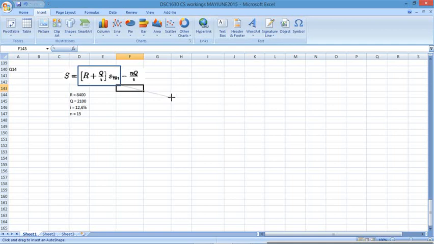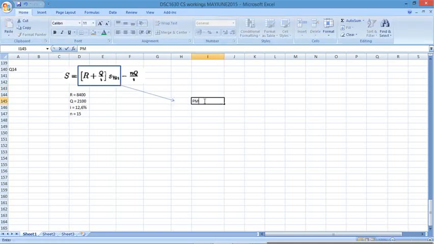So if I work that out separately, my payment is going to be, okay, and what is that representing?